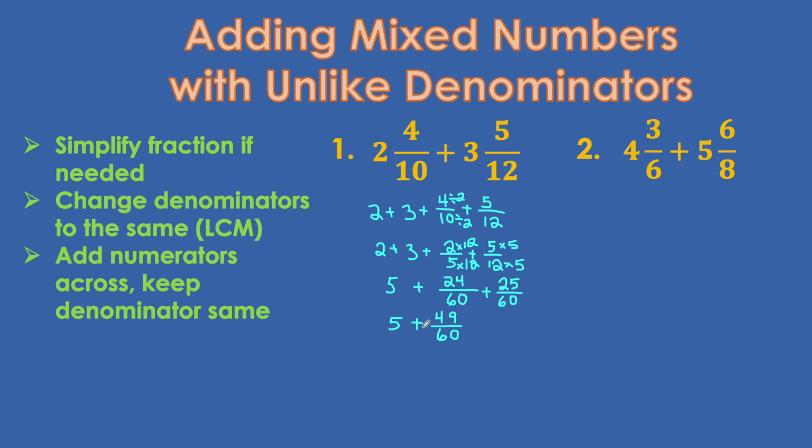So 5 plus 49 sixtieths is just equal to 5 and 49 sixtieths. And that is our final answer.